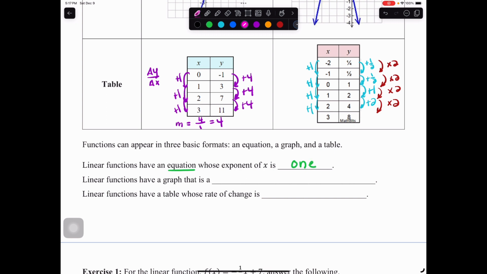When it comes to looking at the graph, we are looking for a linear function to have a graph that is a straight line. And then lastly, if we're looking at a table, linear functions have a table whose rate of change is constant.